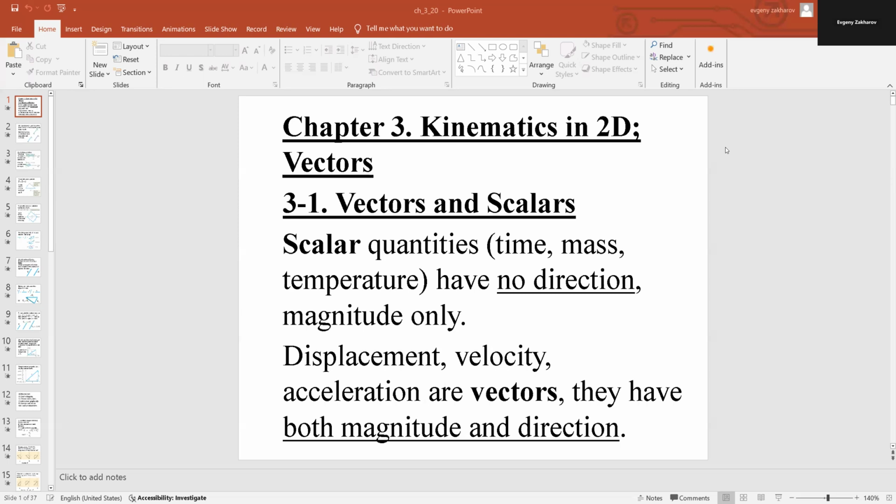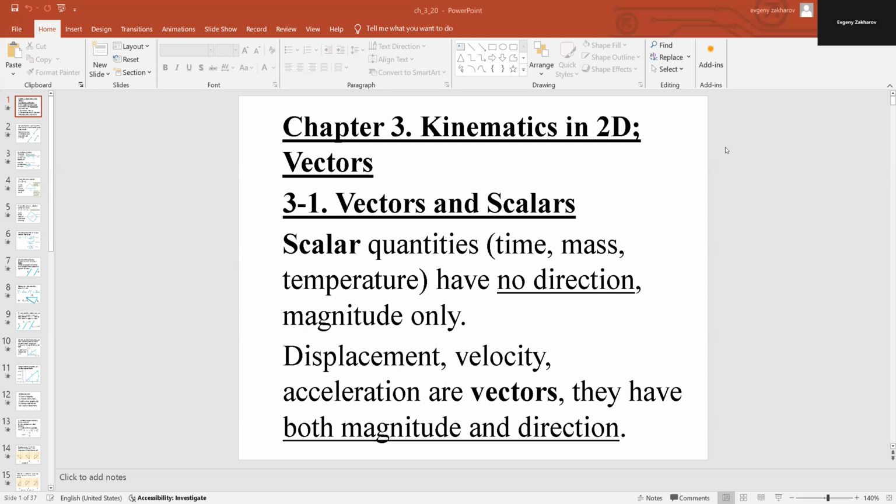So vectors and scalars. We already know that we have 2 types of quantities. The first one is a scalar, when it's just the magnitude, just the value, just the number, and some units next to it. And there's no direction that you can possibly assign to that value. Say, for instance, time. You can't say time goes due east, right? Or time goes backwards.